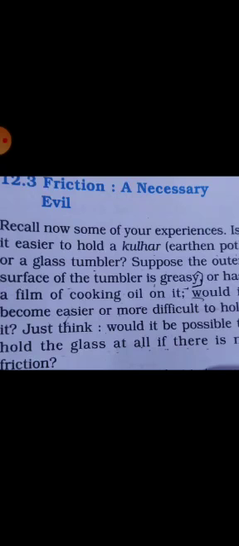It wears out material, whether they are screws, ball bearings, or soles of shoes. It also causes damage to the parts of the machine because, as I told earlier, the friction always takes place when two objects roll over each other, or you can say they come in contact with each other.